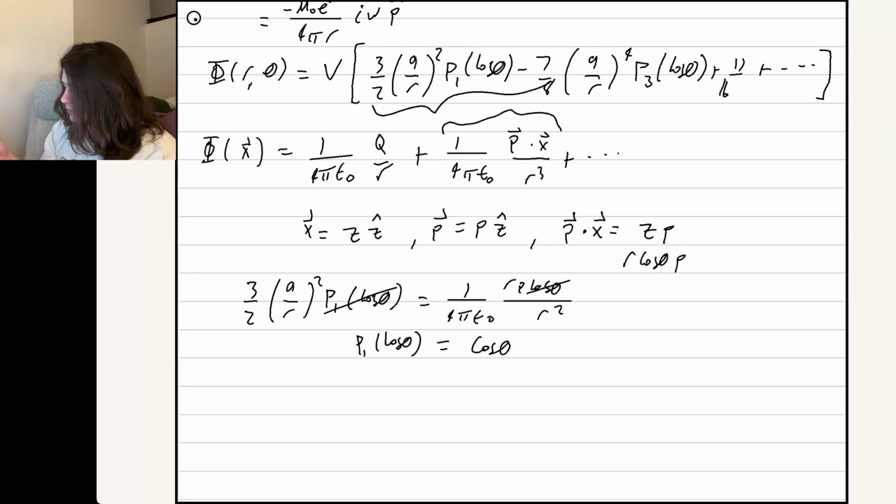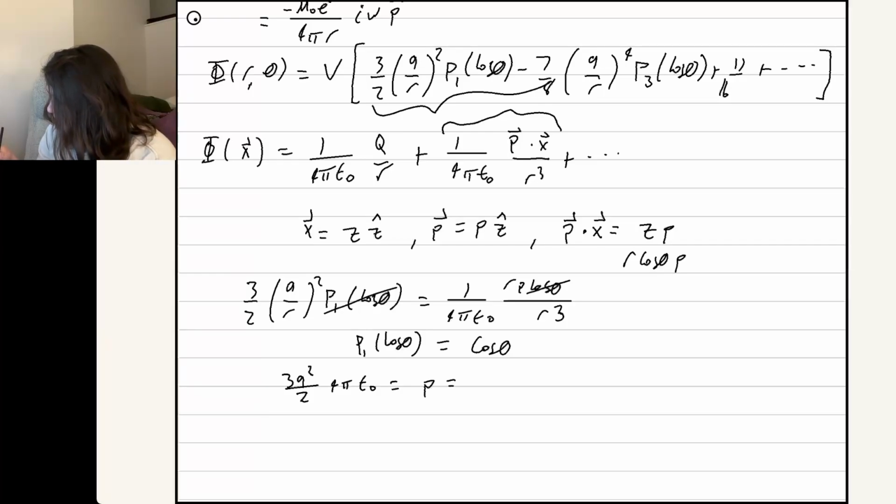You can solve for p by saying it'll be 3a squared over 2 times 4 pi epsilon naught, and then this should be cubed, but that's okay, will equal p pretty much.